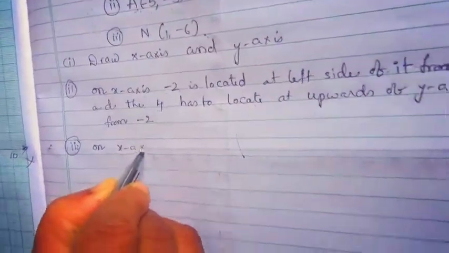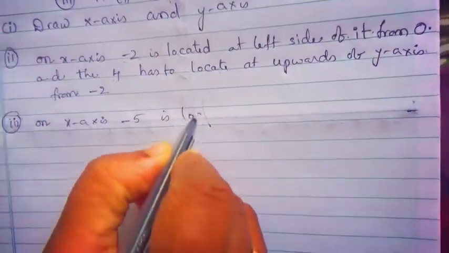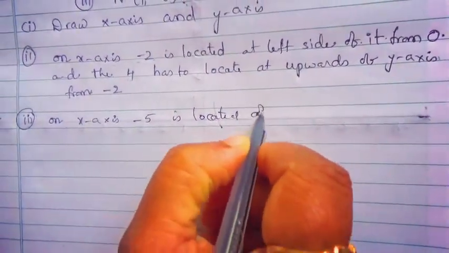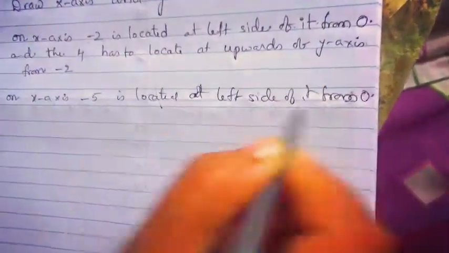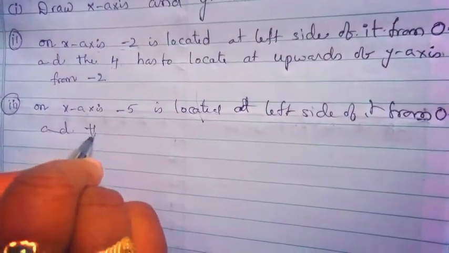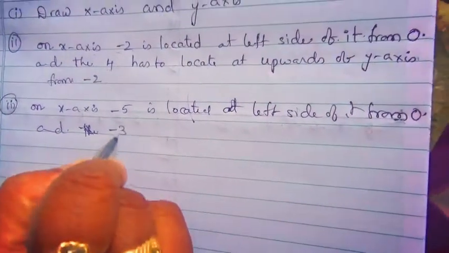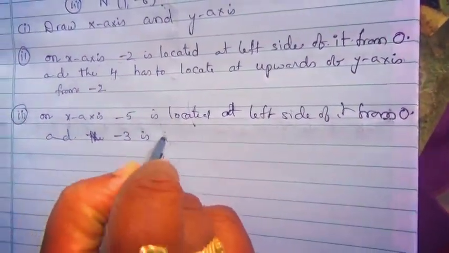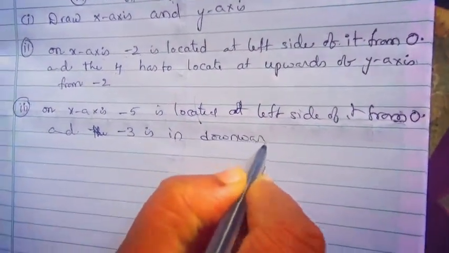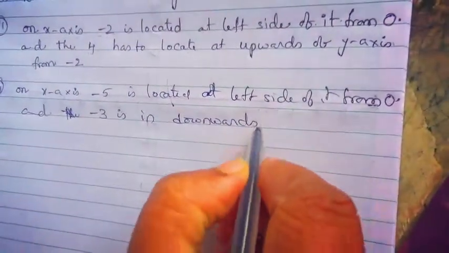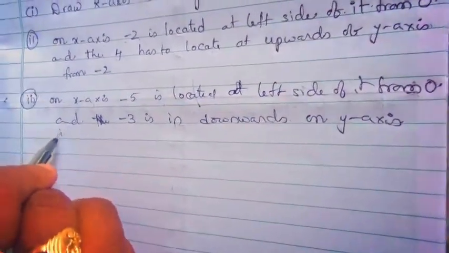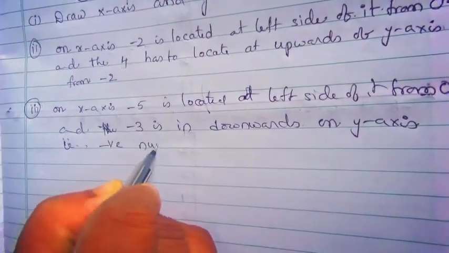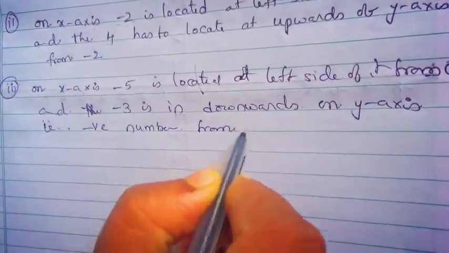On the x-axis, minus 5 is located at the left side of 0, and minus 3 is downwards on the y-axis, that is negative numbers from the origin 0. So here it is.